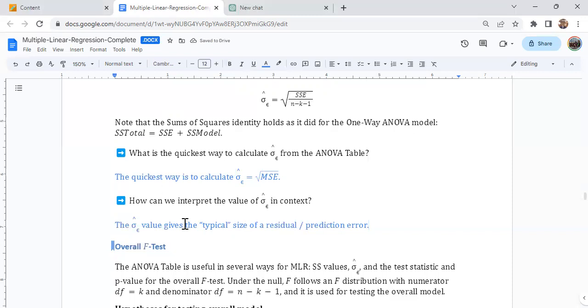So it describes how much we expect our model to typically be off by for a given prediction. So very helpful because it quantifies, in a way, how well our model is doing.